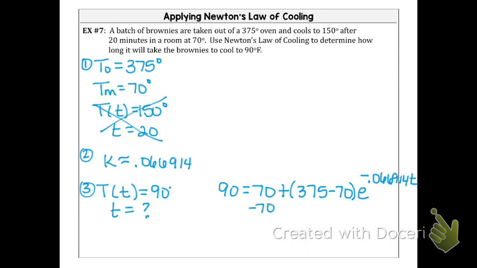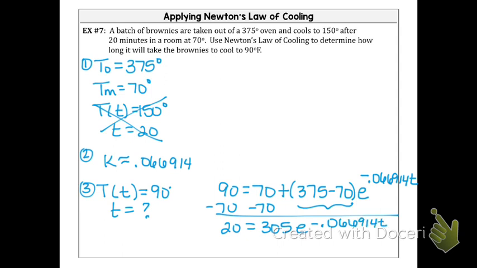All right, so I'm going to move the 70 over, and I'm going to combine that right there again. So we get 20 is equal to 305 e to the negative 0.066914t. Divide by that 305.